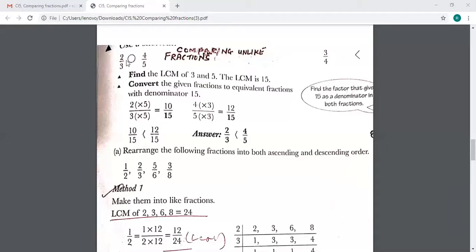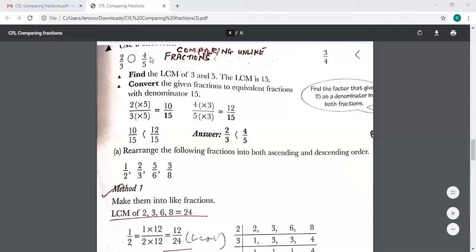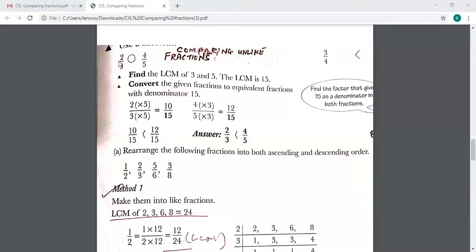Now since we are not able to compare these two directly, we will find a substitute fraction which is equal to 2 by 3, that means an equivalent fraction of 2 by 3. Similarly, an equivalent fraction of 4 by 5. And then we will compare. In a school, suppose when one teacher is absent, you get a substitute teacher.